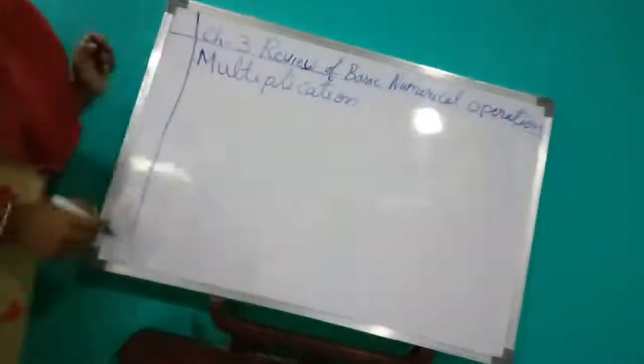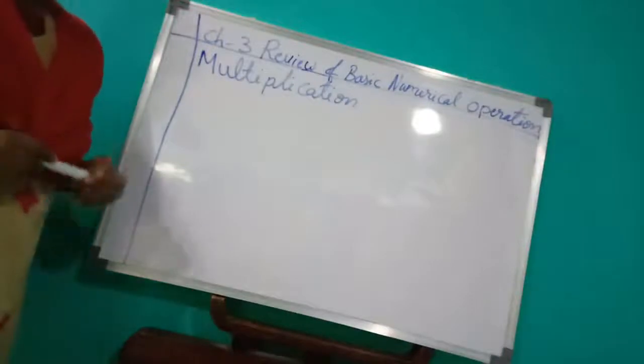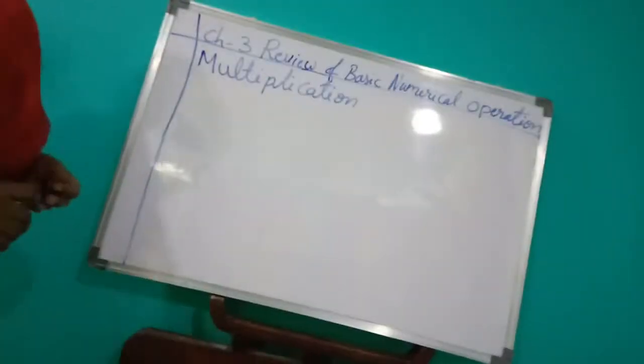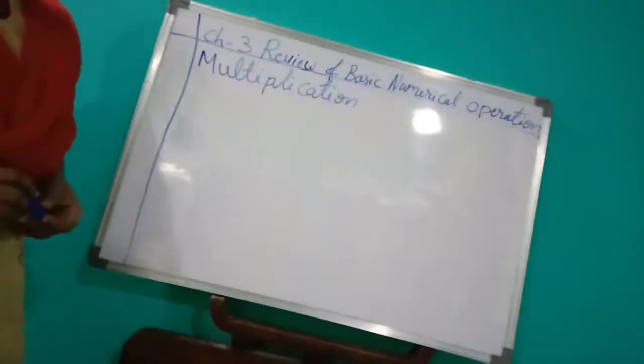You already know what multiplication means: repeated addition. Yes or no, children? Between two numbers, multiplier into multiplicand equals product.